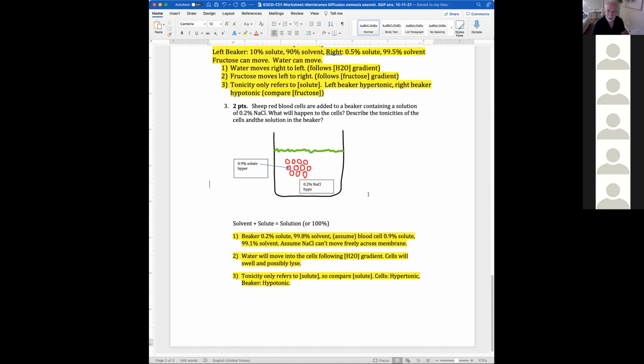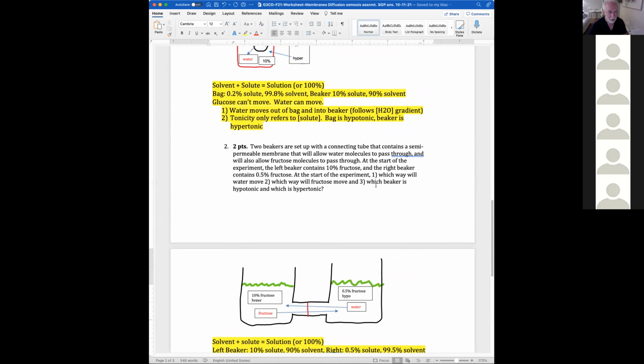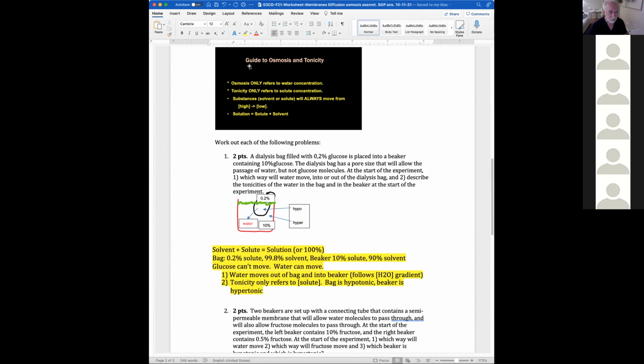The question on the test will never be the same as an example that I discussed. So none of the questions will be exactly like this on the test, but what I really want you to know is what it says in this guide. If you understand these points, then solving these problems is always the same.